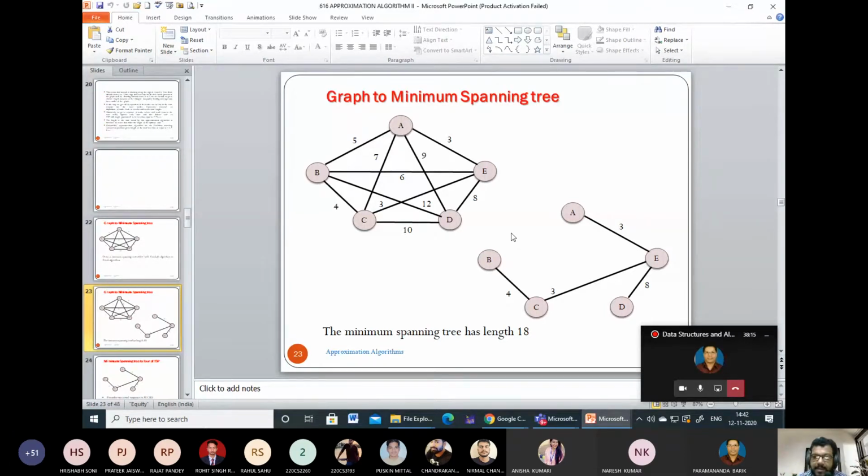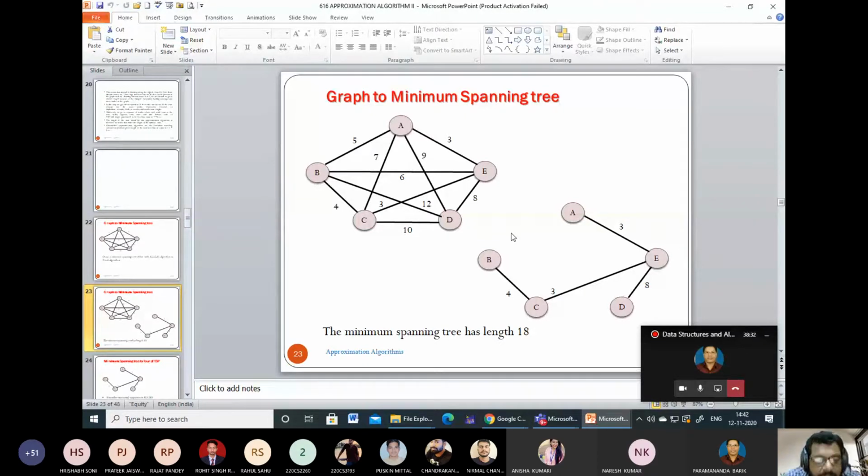I repeat, from the given graph, find a spanning tree and then transform the spanning tree to a tour, because the objective of this problem is to find a tour.